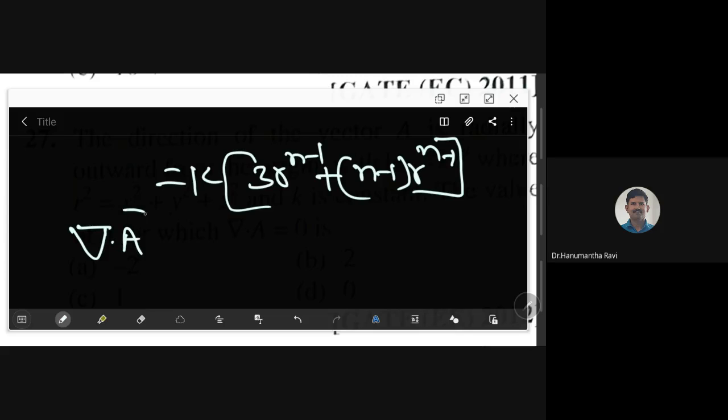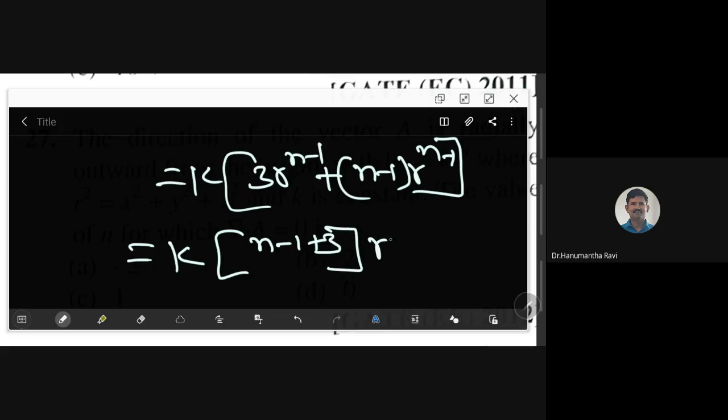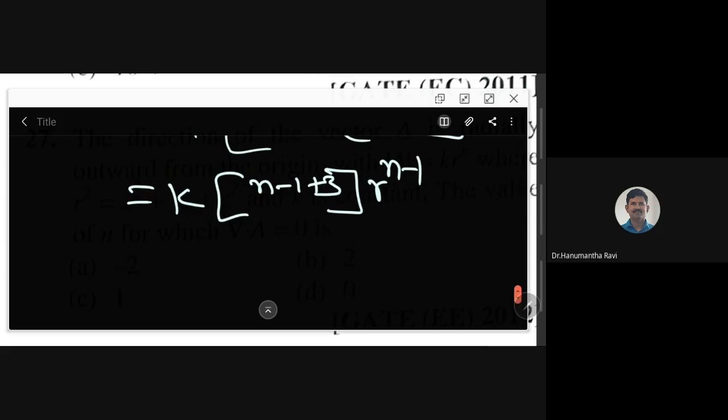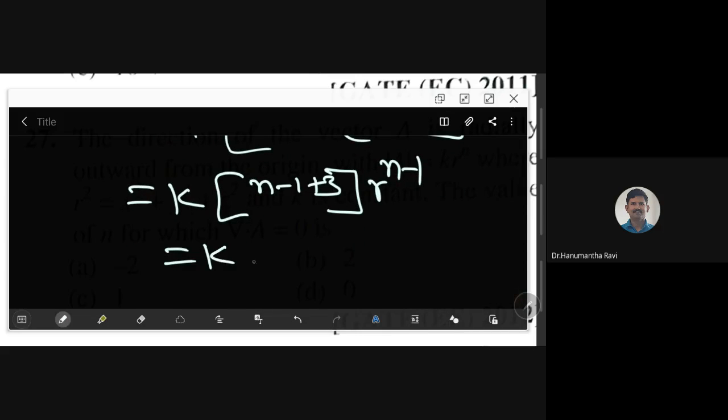Divergence of A bar is k into 3r power n minus 1 plus 3 into r power n minus 1. So this is further equal to k into n plus 2 into r power n minus 1.